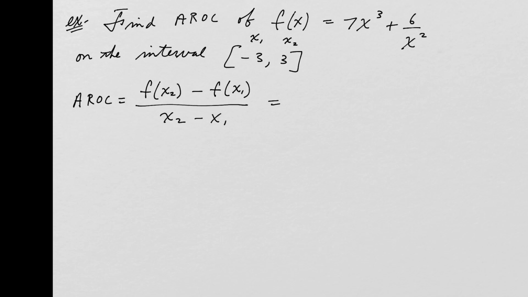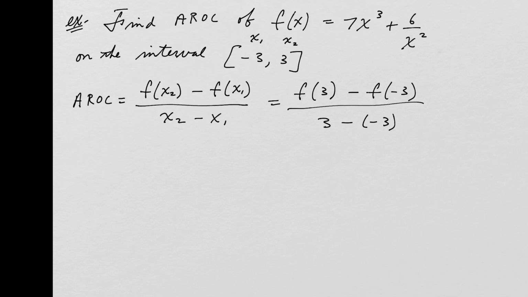So this would be the function evaluated at 3 minus the function evaluated at -3, over 3 minus -3. Okay, so we need to figure all these out. So let's do the function evaluated at 3. Well, I go to my function where I have an x and substitute in a 3. This is going to be 7 times 3 cubed plus 6 over 3 squared.